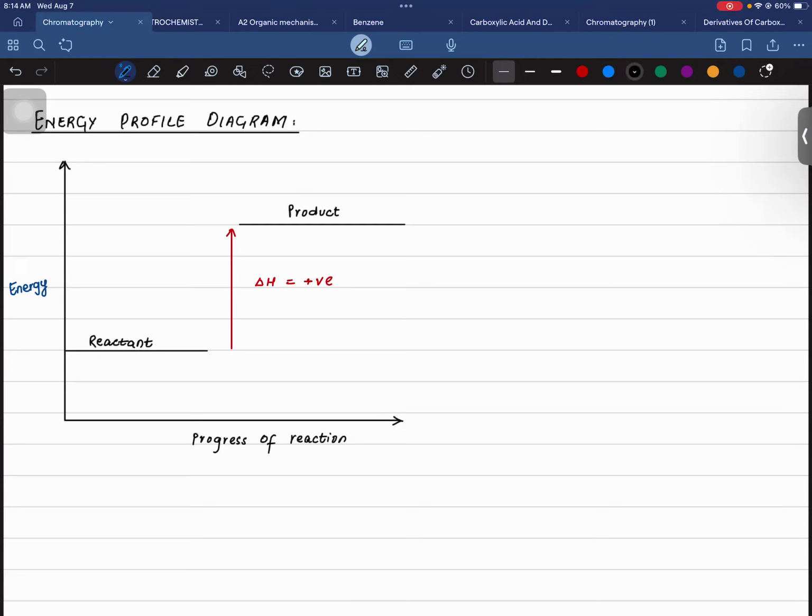As I told you, in an exothermic system, the direction of the arrow was downward, but today the direction of the arrow is upward. Upward means that it's going to gain energy, it's going to absorb energy.